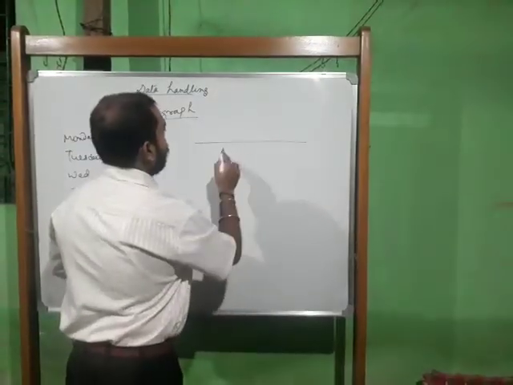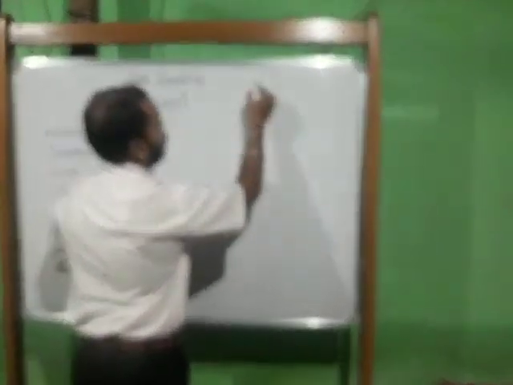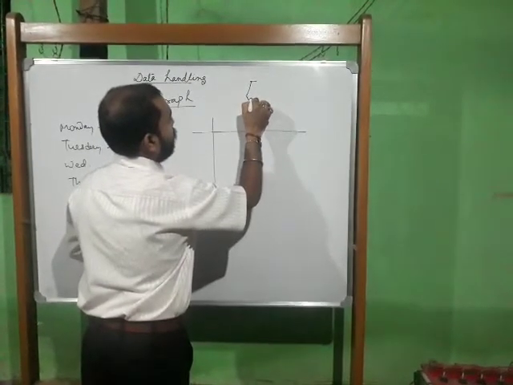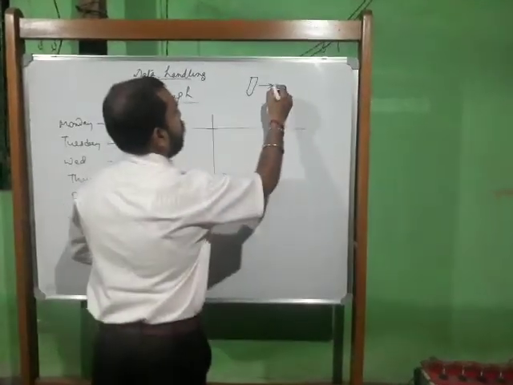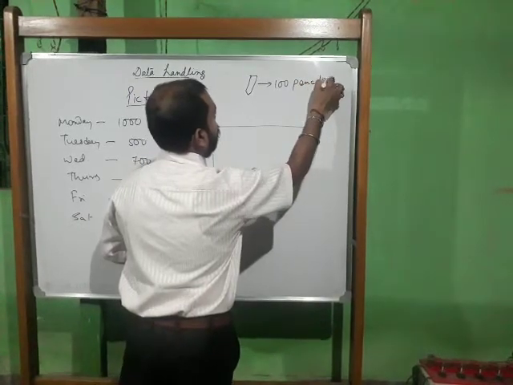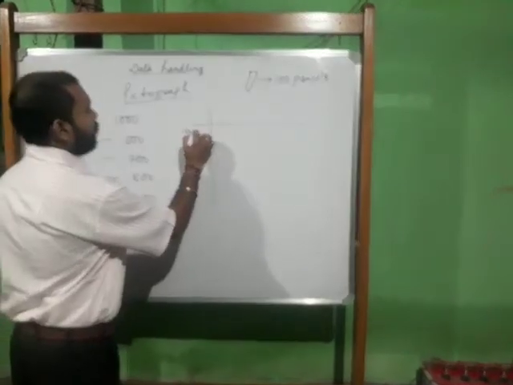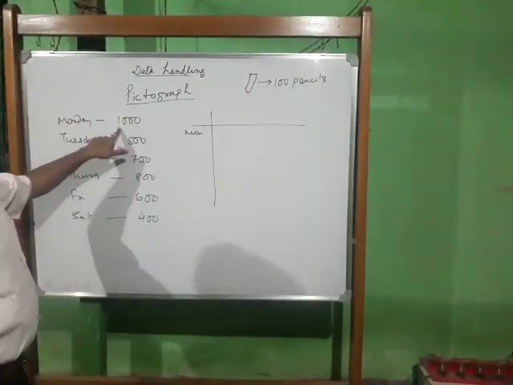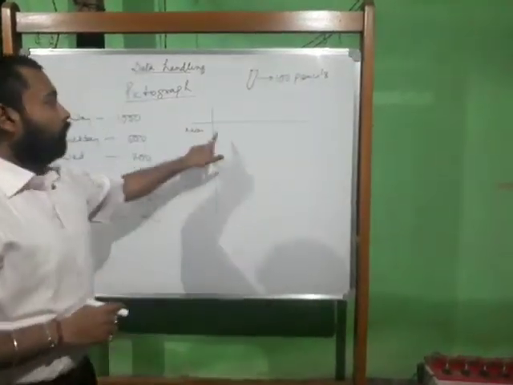As usual, in a pictograph, suppose this is a pencil, and each pencil denotes 100 pencils. So one pencil means 100 pencils. For Monday, if 1000 pencils are manufactured, how many pencils do we have to draw here?